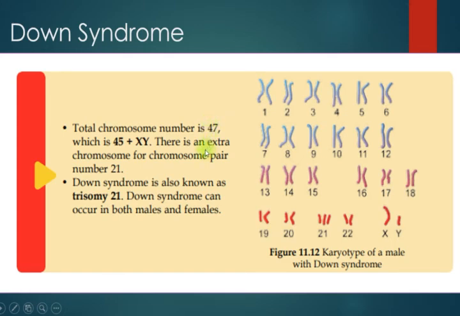Because there is an extra chromosome for chromosome pair number 21, which causes 45 autosomes. So Down syndrome is also known as trisomy 21. Why trisomy? Because there are three chromosomes on the 21st pair.